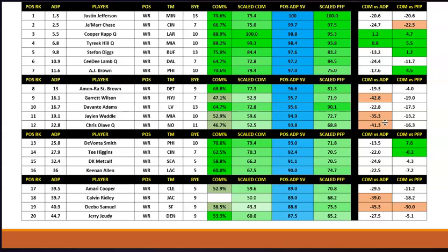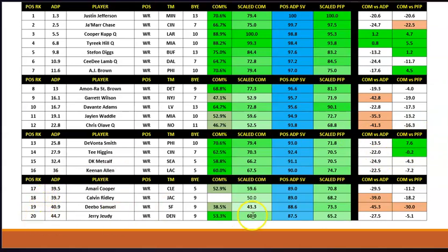The best of this group, and it's not a great bargain, not even close, is Amon-Ra St. Brown. Okay. The next, Smith and Higgins, have a little bit going for them. Not a lot, but a little as far as projections.